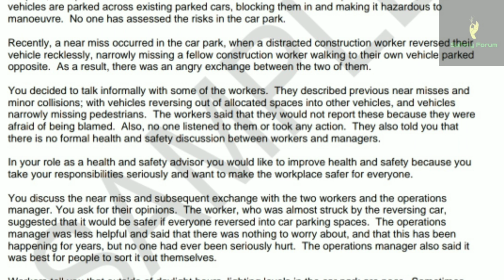Some people will be confused by the words "hazardous to manoeuvre", which means there is no proper skill for moving the cars. There is no proper guidance for the cars, which shows there are no proper security persons, right? In some sites, in the basements where you park the car, there are people available to guide you to park in the proper place.